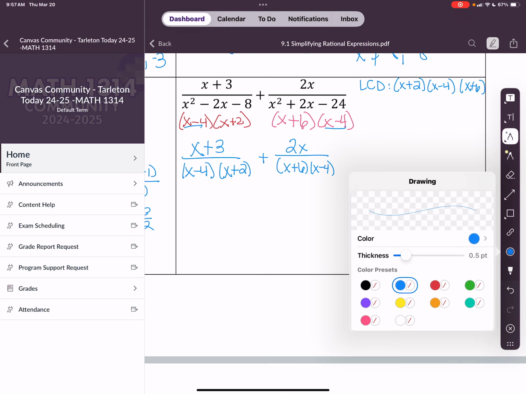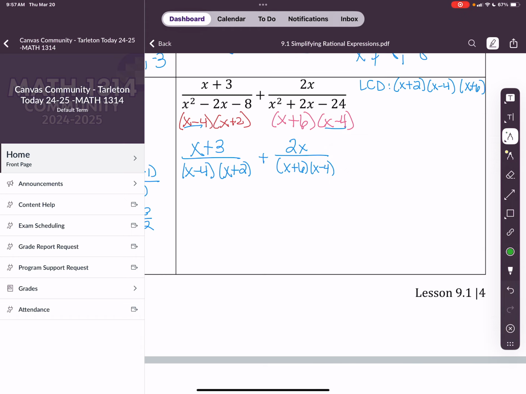So looking at what our LCD is, we see that my first fraction is missing an x plus 6. So I need to multiply the top and the bottom by x plus 6. And my second fraction is missing the x plus 2, so I'm going to multiply the top and the bottom by x plus 2. Okay?